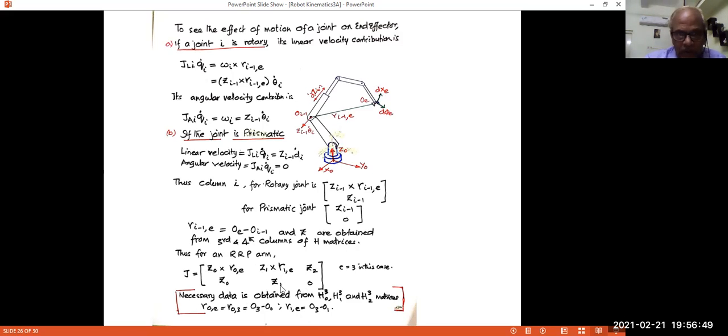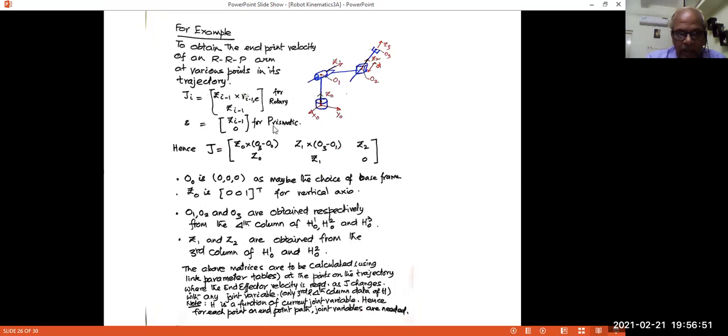So, okay, we'll take an example. For example, what you are interested in is the endpoint velocity in the case of an RRP manipulator. It is RRP, so you get Z0 cross O3 minus O0, Z1 cross O3 minus O1, and then Z2.